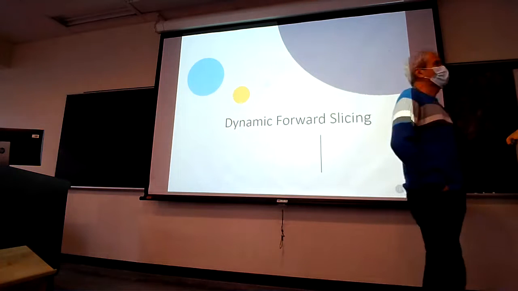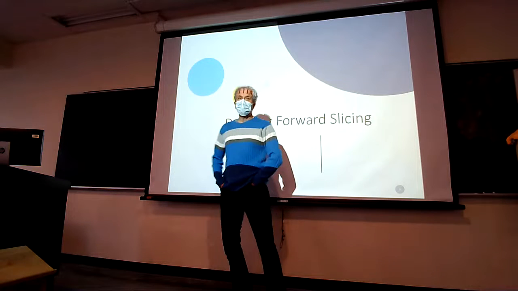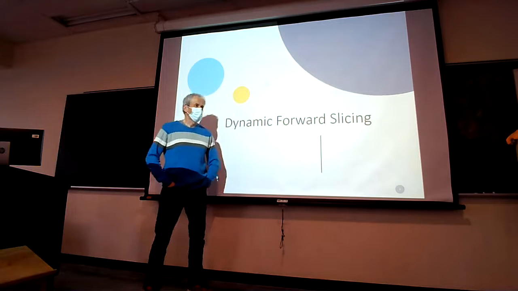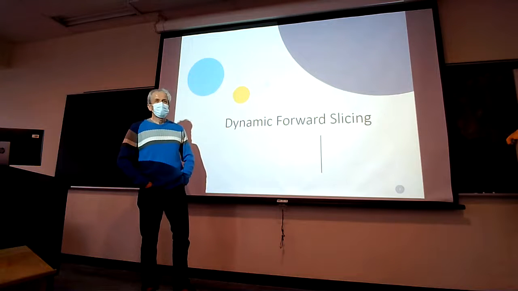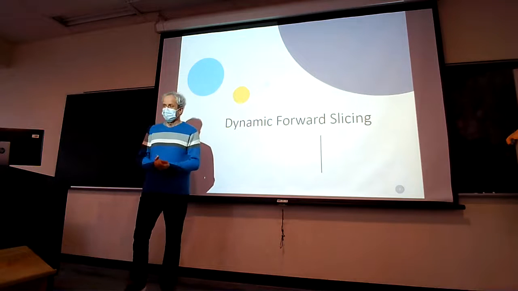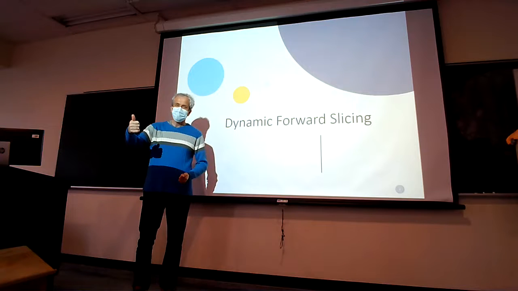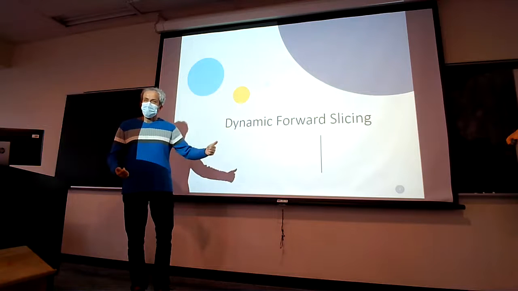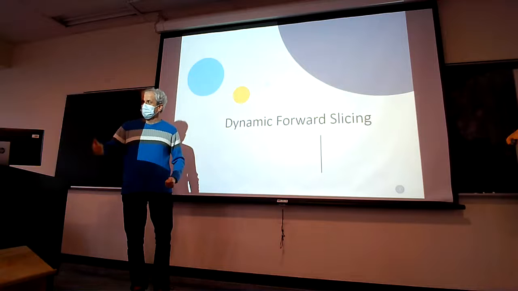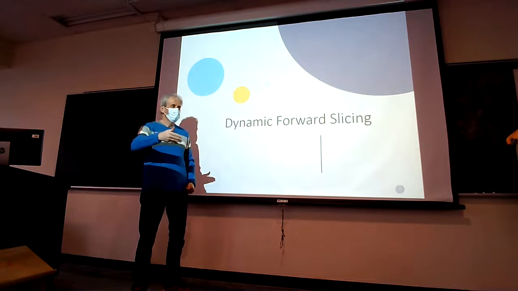And here comes one of the dilemmas of software engineering: overusage of terms, ambiguity of terminology. Based on our understanding, we had static backward slicing, we had static forward slicing, we had dynamic backward slicing, which we did in the assignment.